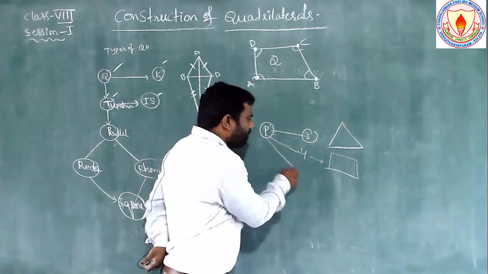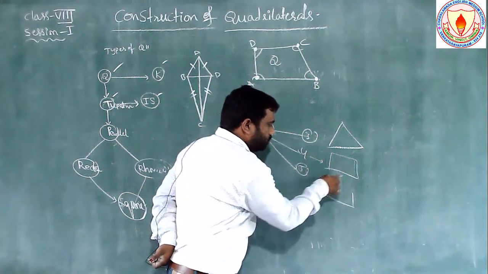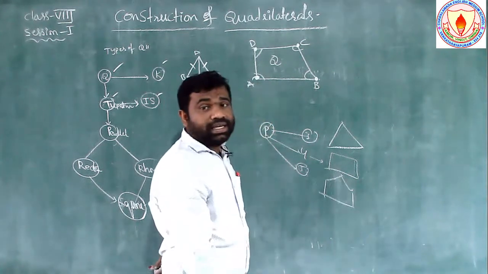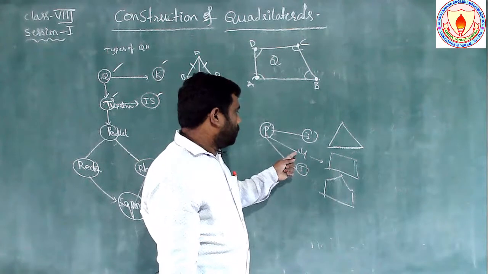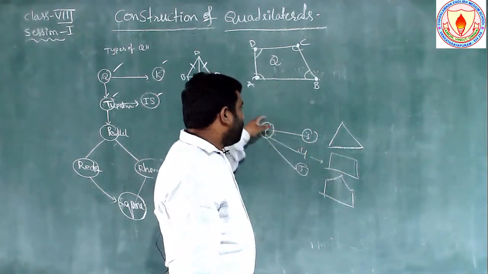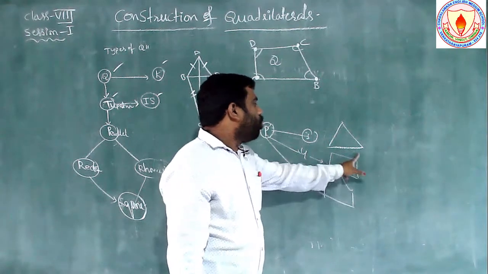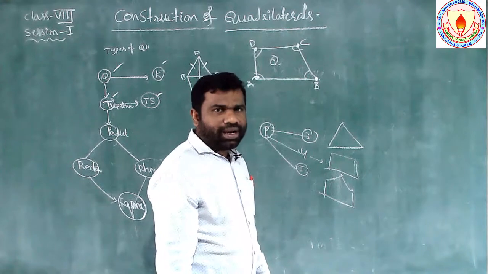A polygon having five line segments is a pentagon. So in our topic, it is four: in a polygon, four line segments, then the polygon is said to be a quadrilateral.